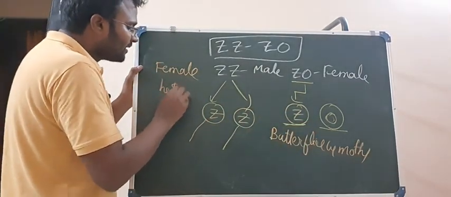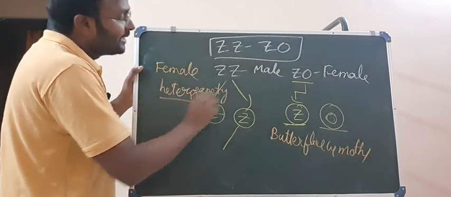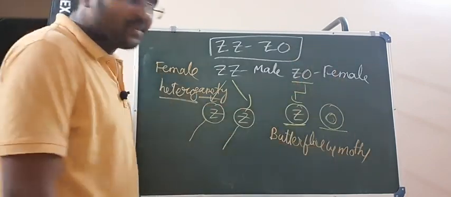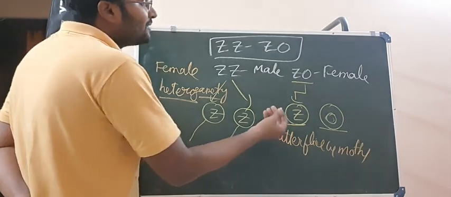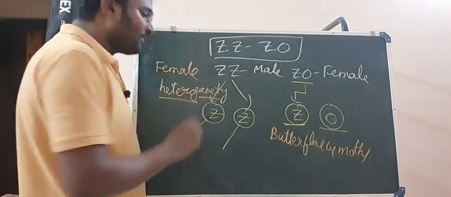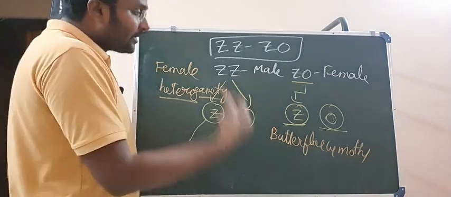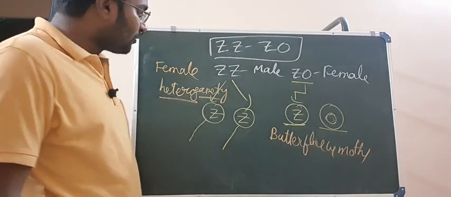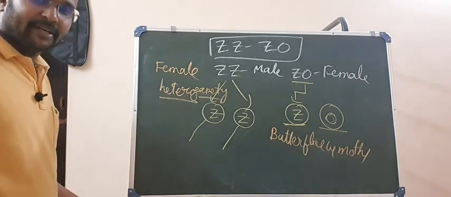Hetero means different, gamety means production of gametes. If the female is producing different types of gametes, which are related to gender, then we call it female heterogamety. If the males are producing different types of gametes related to the gender, then that is male heterogamety. Hetero means different. This is the traditional way of gender determination.